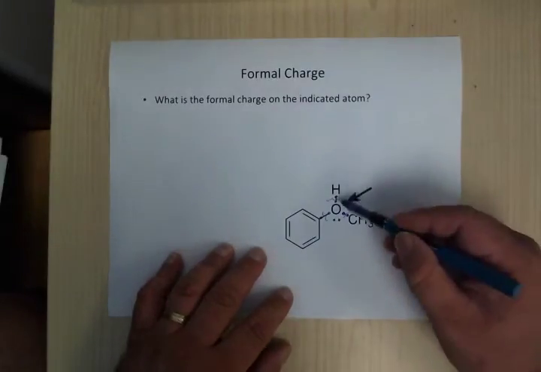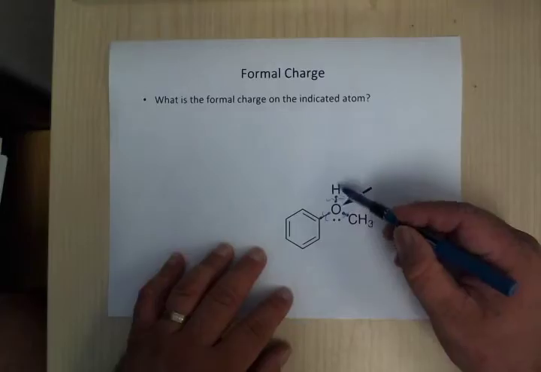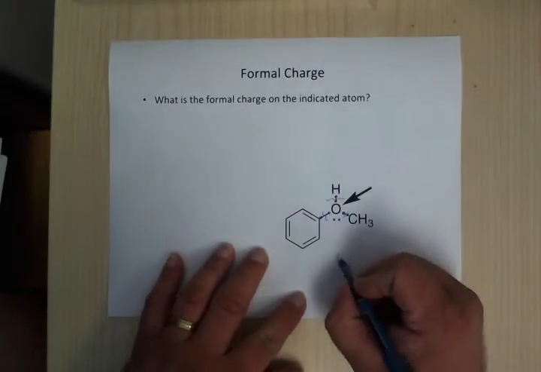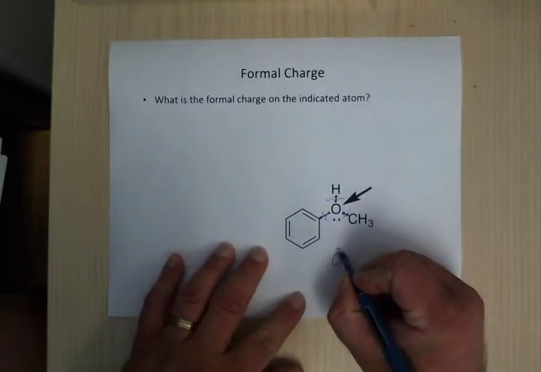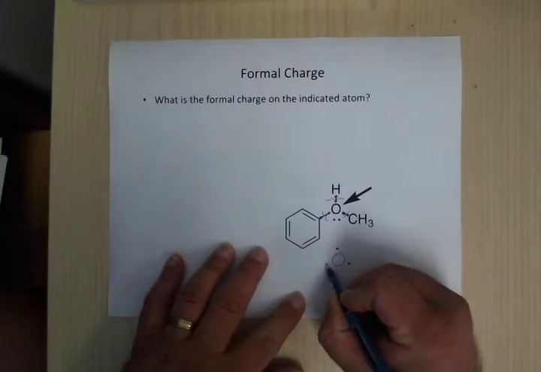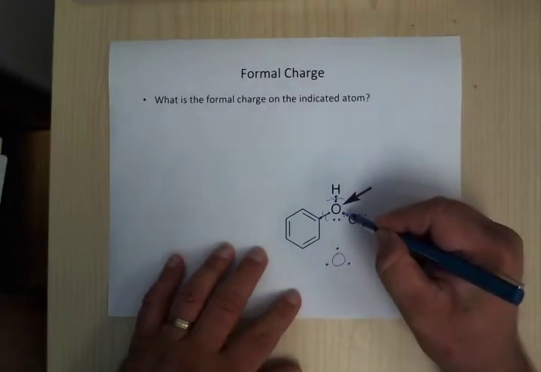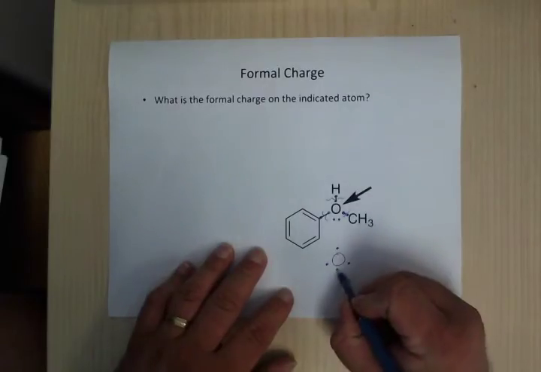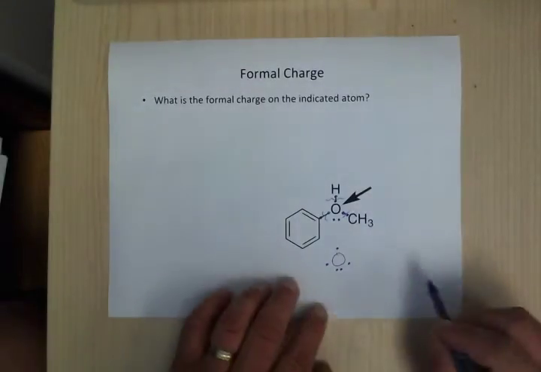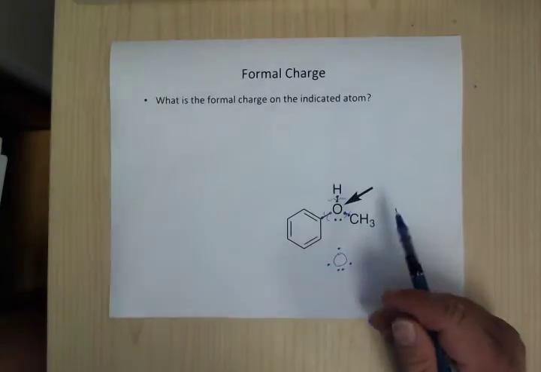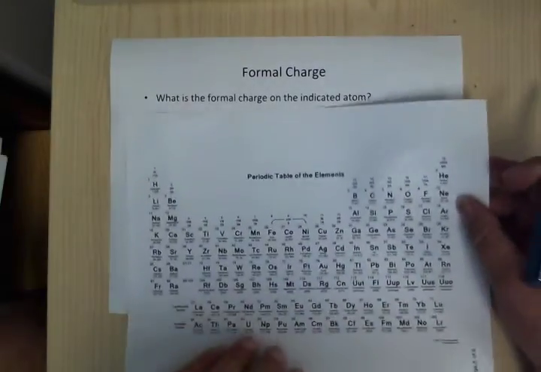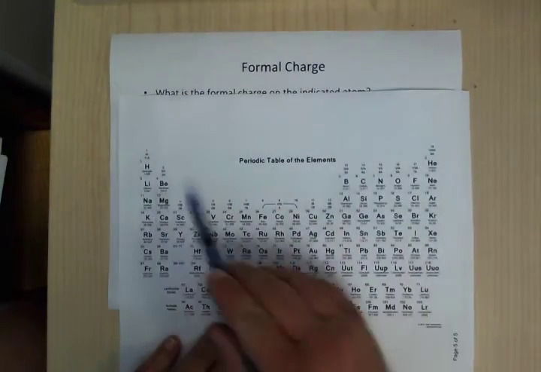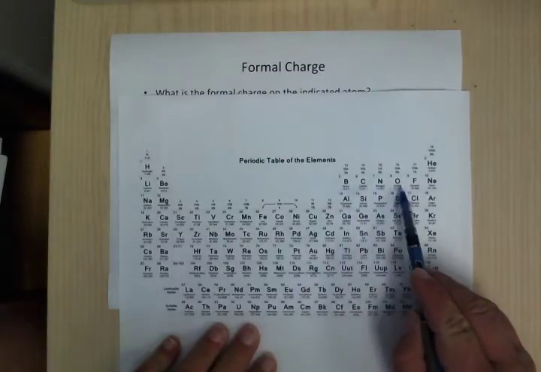each one of those bonds in half, and the electrons get split evenly. Now that oxygen is going to look like this: these individual electrons from the single bonds here, plus a set of lone pairs. So you say, how many valence electrons does oxygen normally have? You just count over 1, 2, 3, 4, 5, 6.